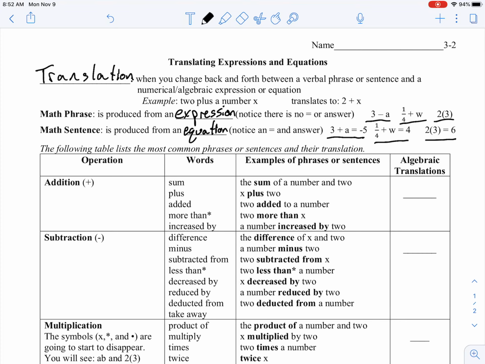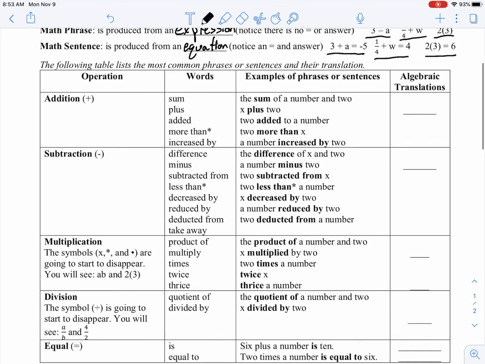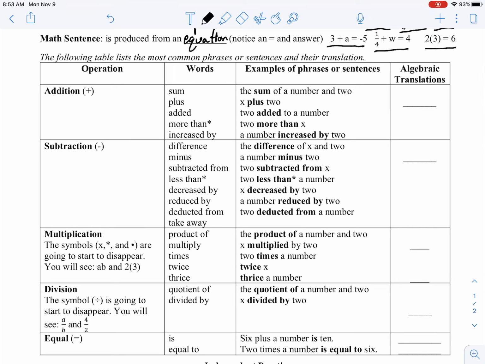So next up we have a bunch of common phrases and sentences that we will hear and need to understand how to accomplish what the problem is asking us. For each operation there's going to be a different set of keywords. So for addition, some of the words we might hear are sum, so the sum of a number and 2.